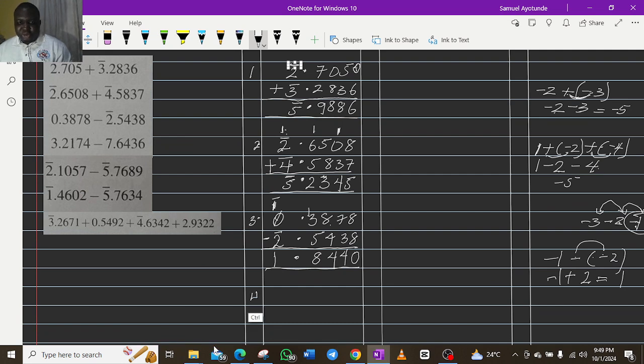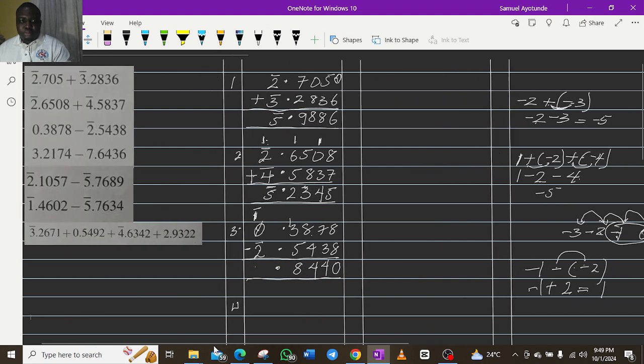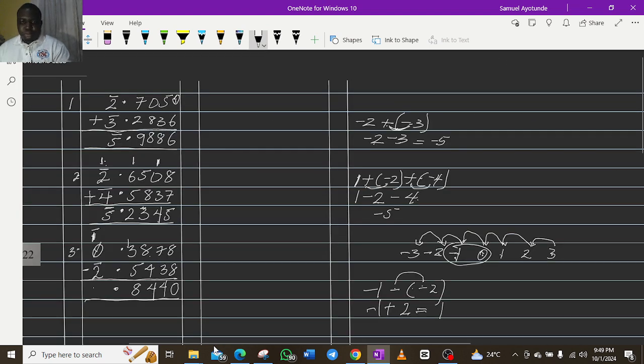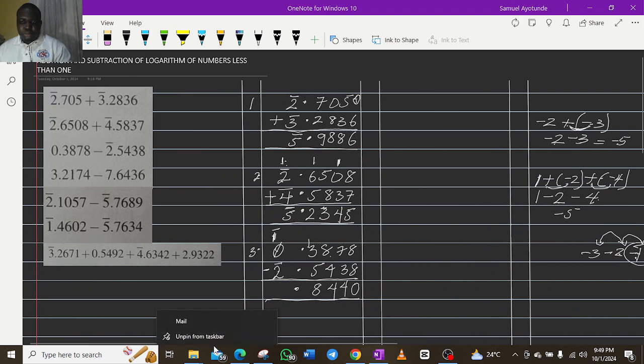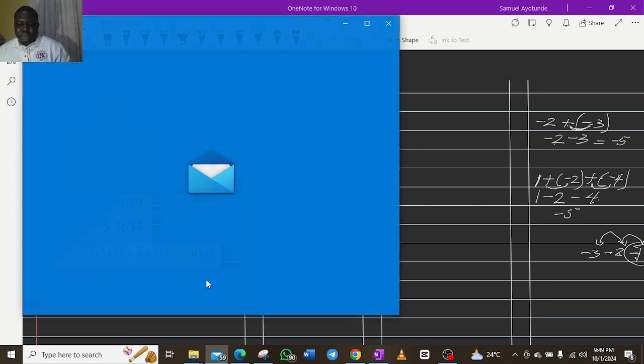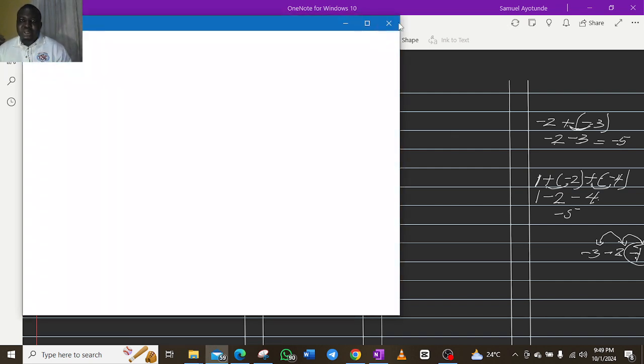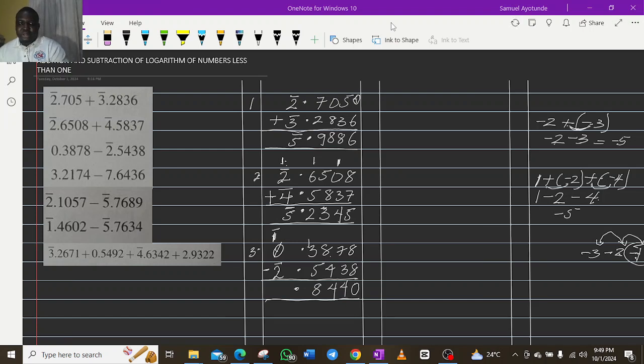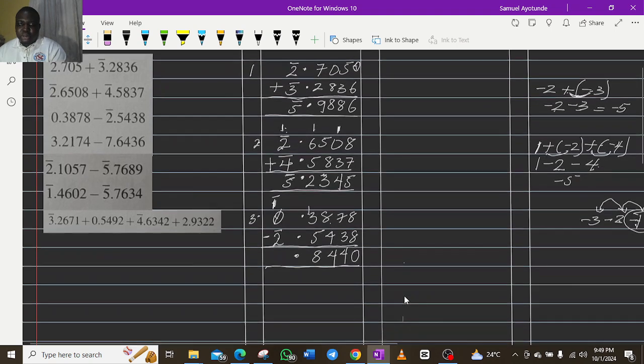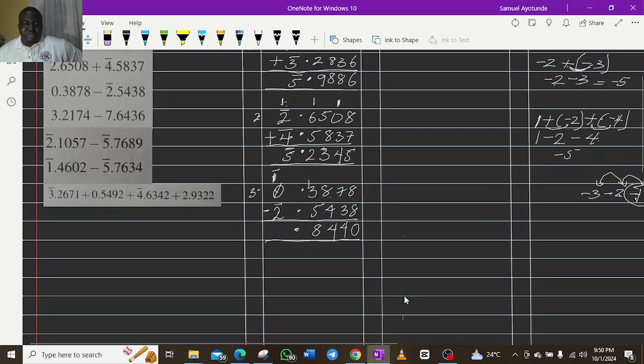So the next one, which is example 4. The next question we have here is 3.2174, and we are subtracting.